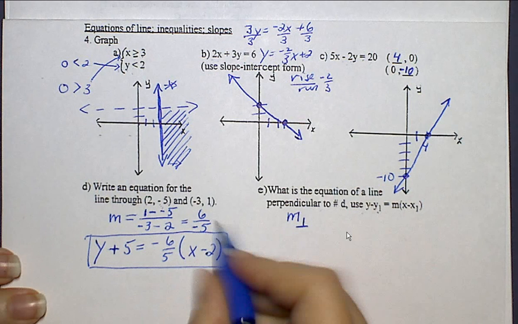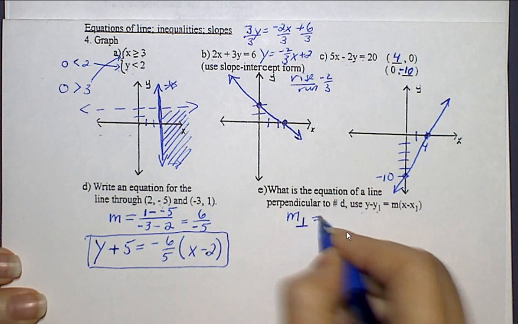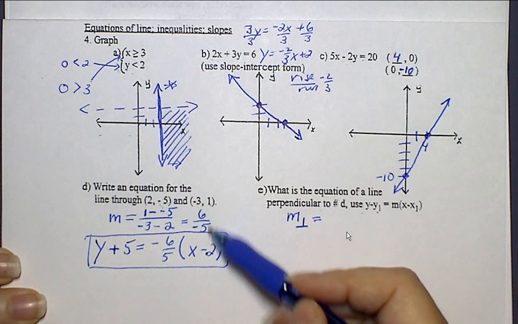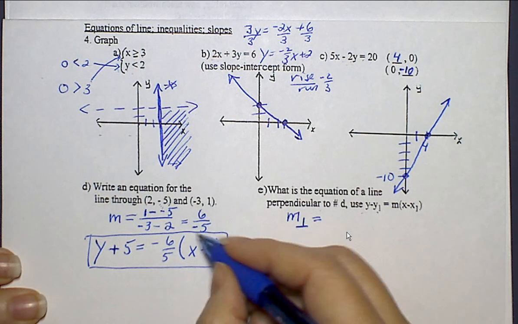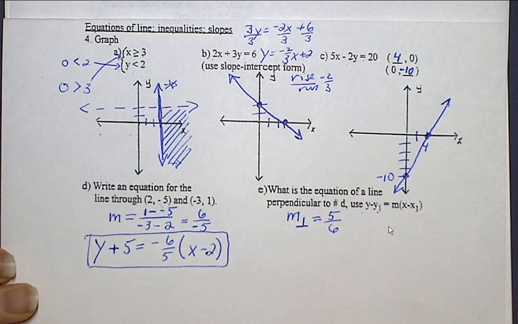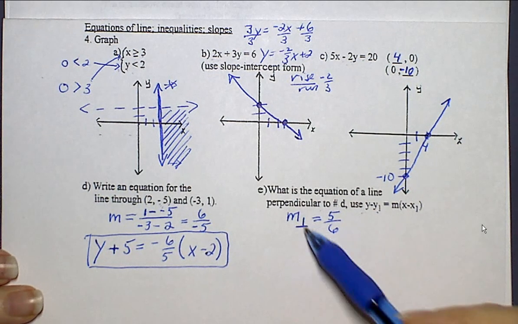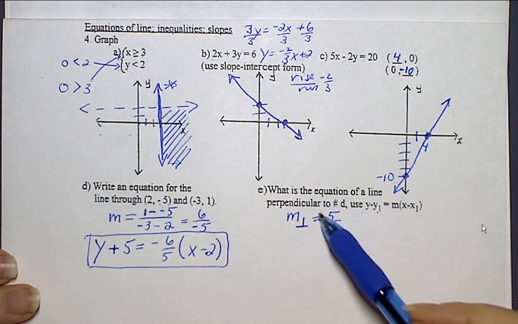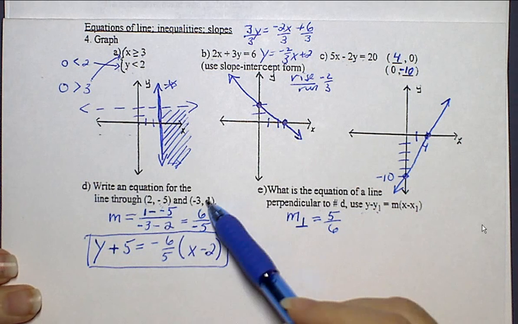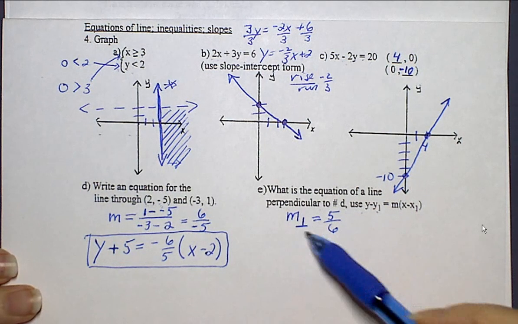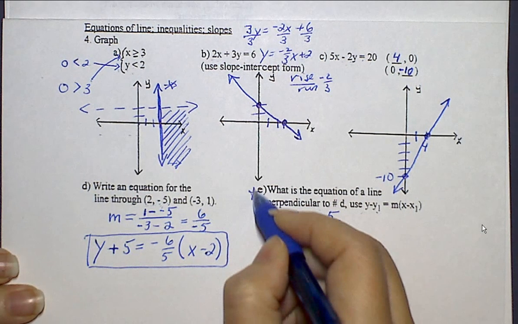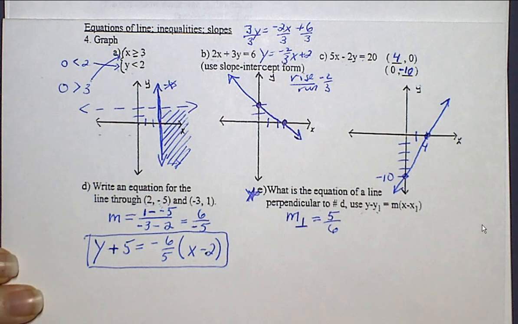So now that this is negative, this one's positive, and then we want to have the reciprocal, so we flip it. So that's 5/6. So on your test, it might just ask you what is the perpendicular slope of a line that goes through that. So make sure you'd find your slope, and then you'd find the perpendicular by opposite sign, and then the reciprocal. So that's another one you might want to take a look at again by the next time you see me.